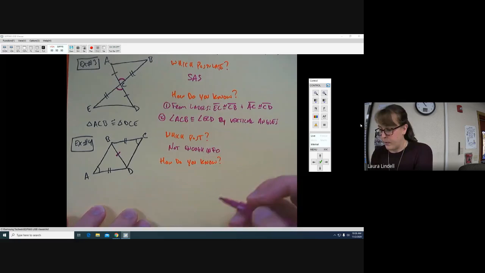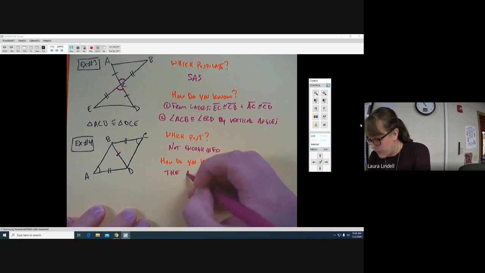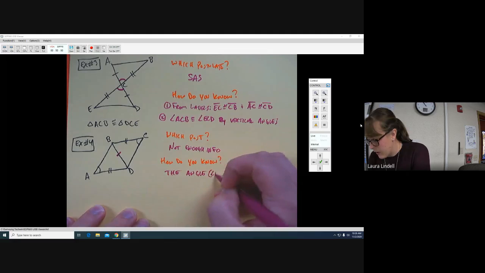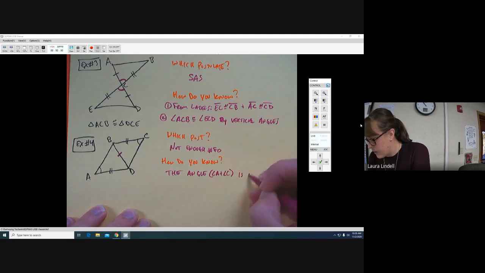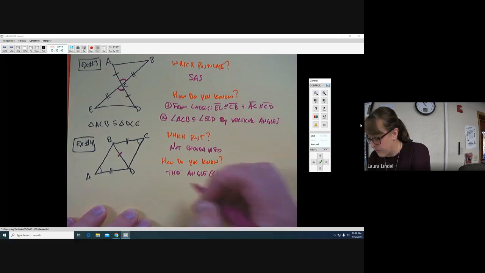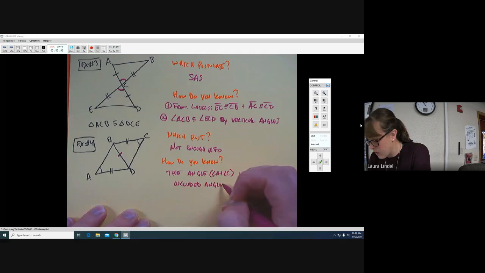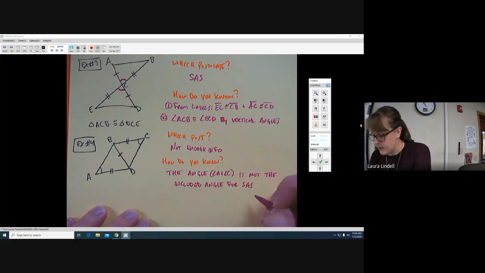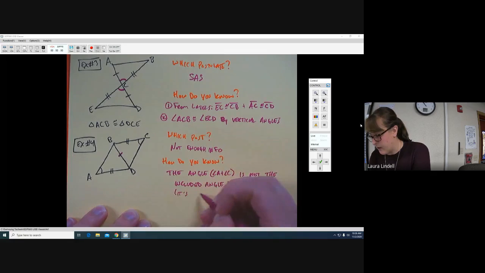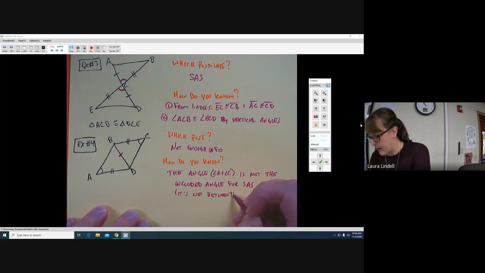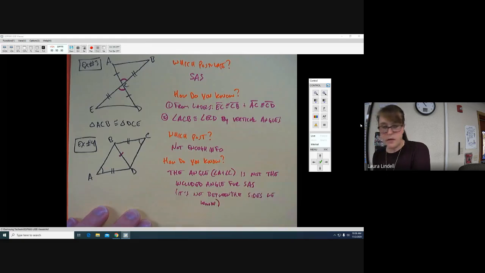And we know because the angle A and angle C is not the included angle for SAS. It's not between the sides we know. So the angle that we know is not the included angle.